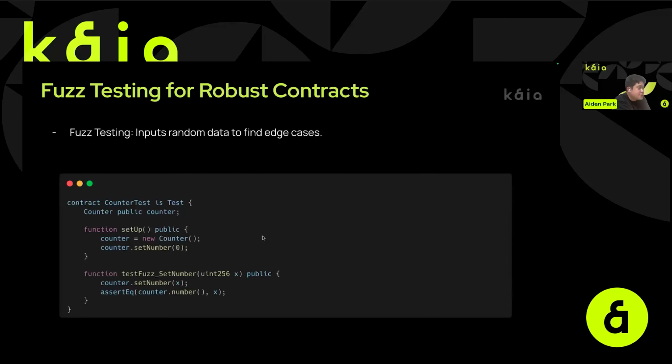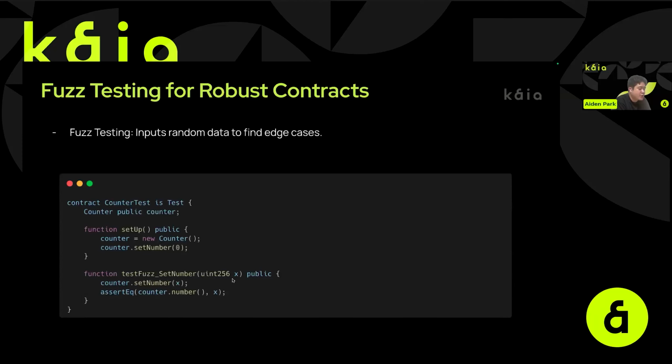And the next one is fuzz testing. I already explained about fuzz testing and its purpose. For fuzz testing in Foundry, you can simply put the fuzz keyword after the test keyword. For example, testFuzz_SetNumber like this.